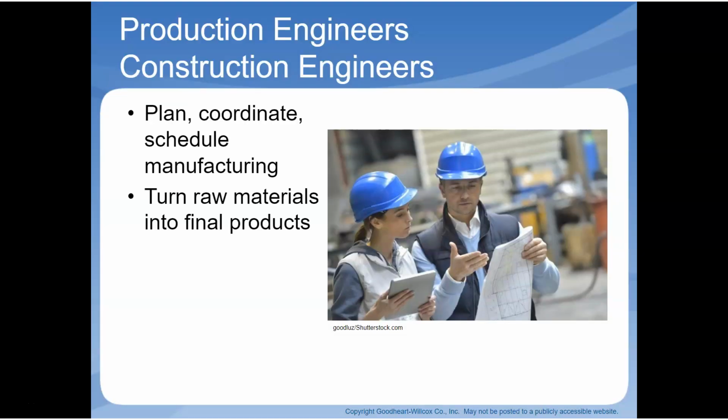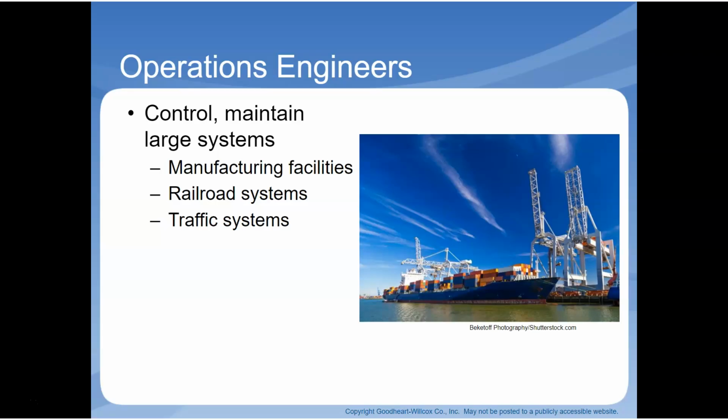Again, the production engineers, they coordinate the scheduling, and then they turn the raw materials into the final product. The operations engineers, they're doing the large facilities, the railroad systems, our entire traffic system, sewage systems, the manufacturing facilities.